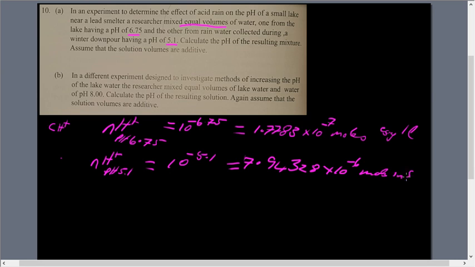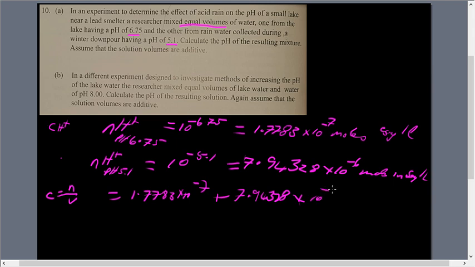Now you want to know the final concentration of hydrogen, and concentration is equal to the number of moles divided by the volume, as we've seen, which equals this number, 1.7783 times 10 to the minus 7 plus 7.94328 times 10 to the minus 6.